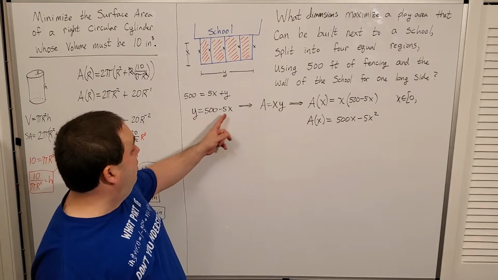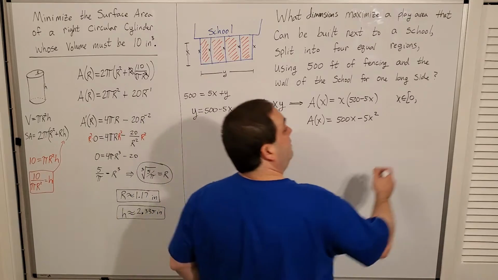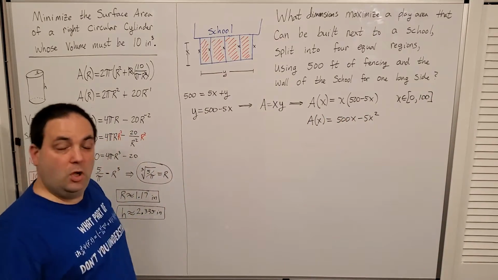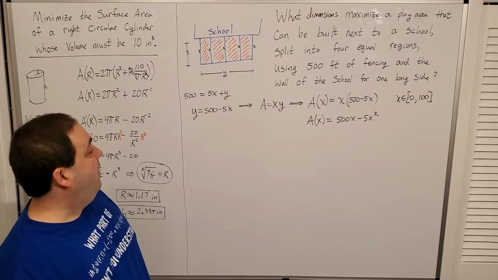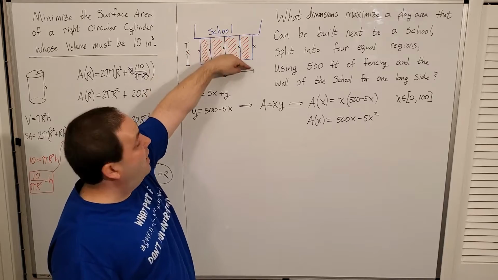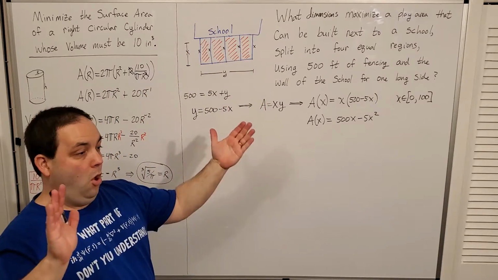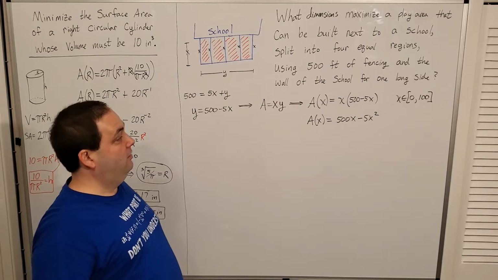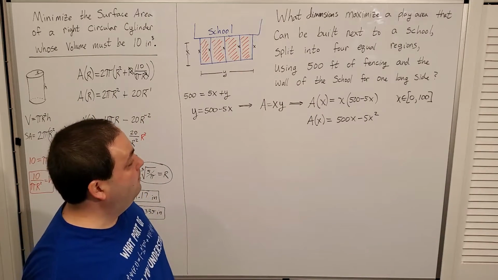When Y is 0, X is 100. So I'm constrained there too, on the upper end. If I used 100, that would be 100, 200, 300, 400, 500. That's all my fencing. All of the fences would be next to each other, and you would have 0 play area. So, no good, right?